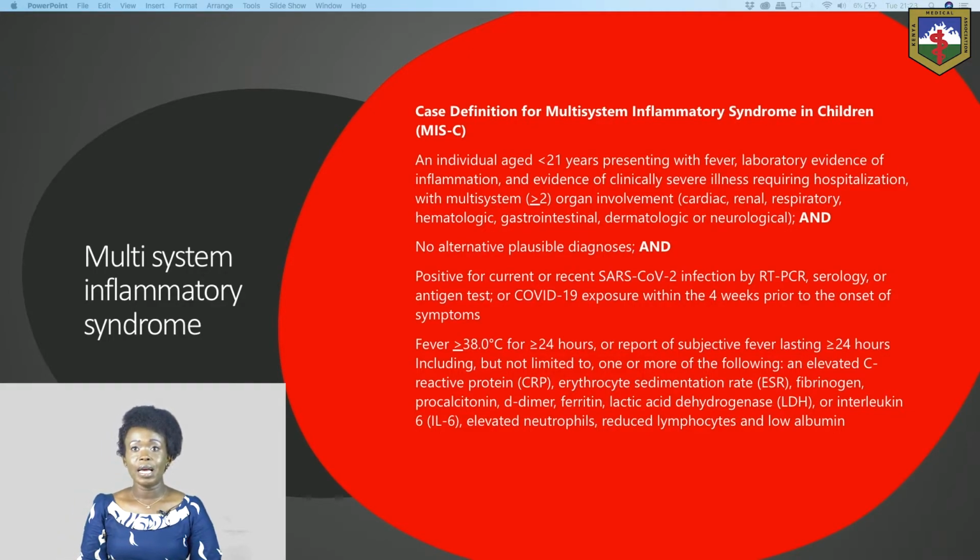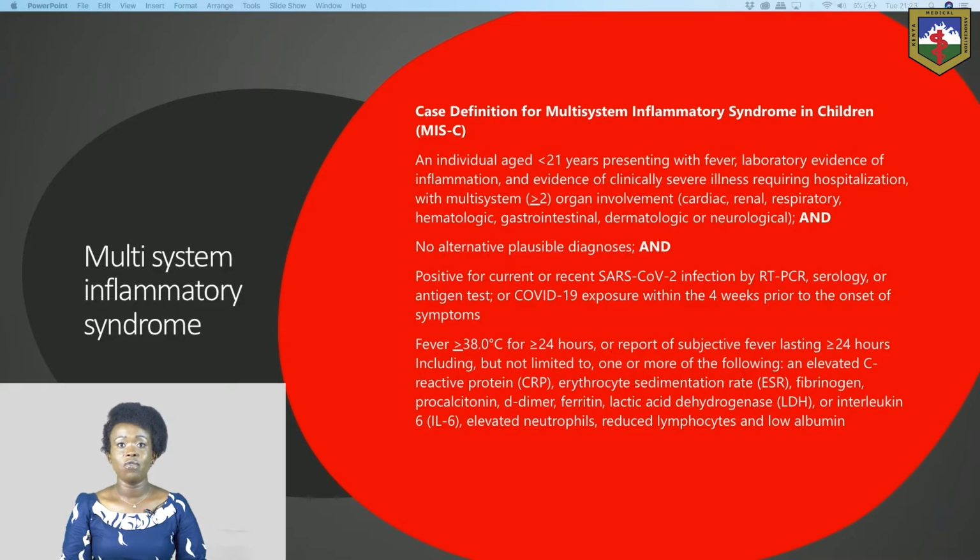And aside from these symptoms, you have no alternative plausible diagnosis, and you have a positive SARS-CoV-2 RT-PCR test. Then this will form the criteria for multi-system inflammatory syndrome, and this is undergoing studies globally.